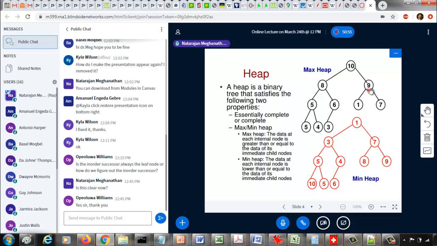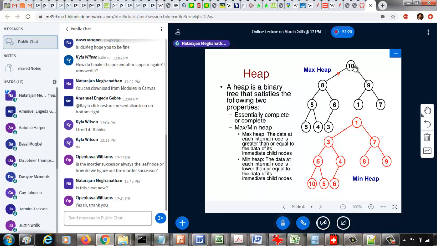That's also satisfied. This should be applicable for all internal nodes. So 8 is greater than 5 and 6, 9 is greater than 1 and 7, 5 is greater than or equal to 5 and 4, and 6 is greater than 3. So both the child nodes.